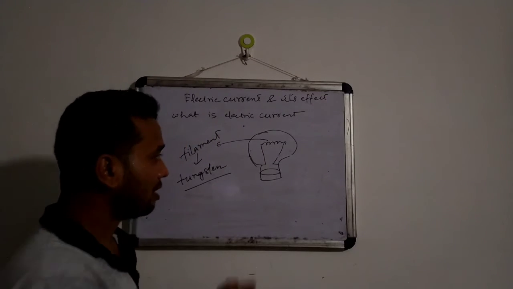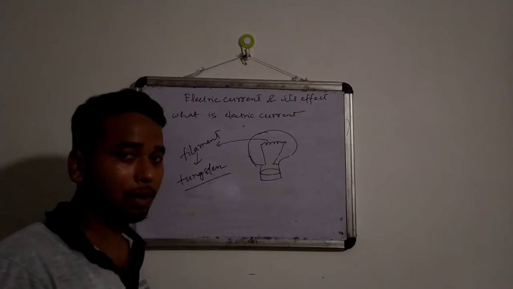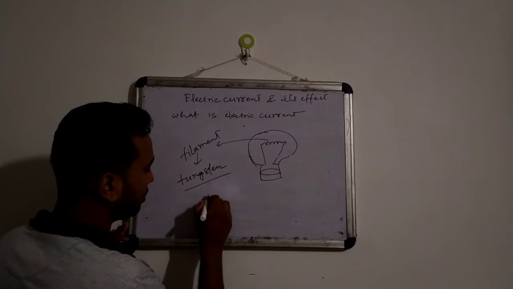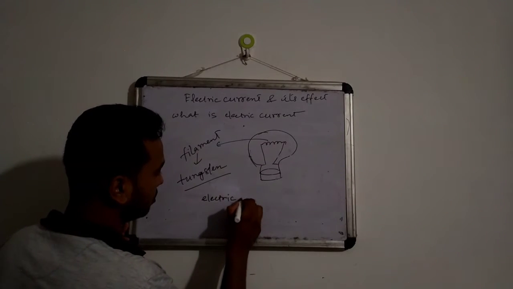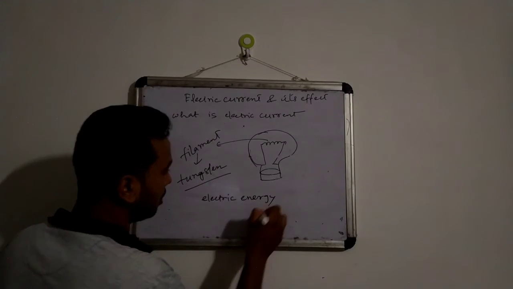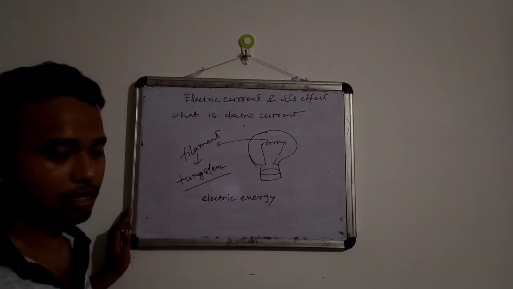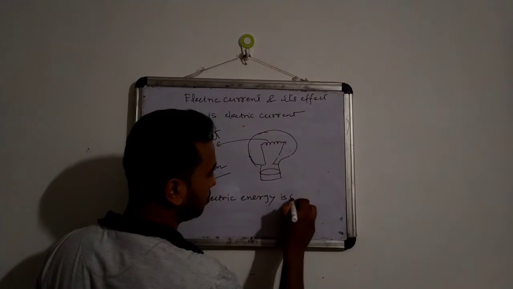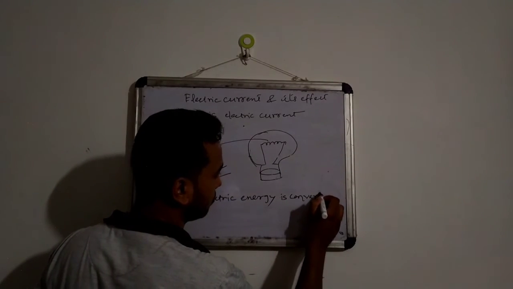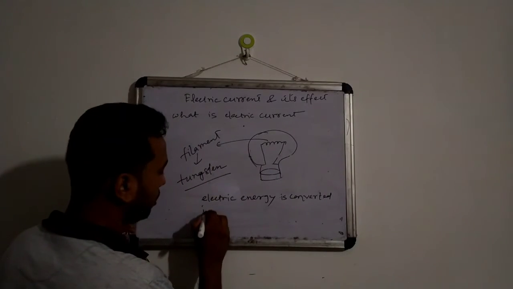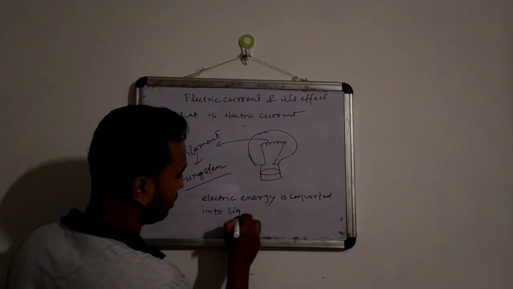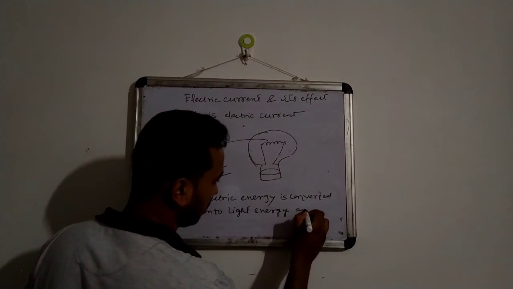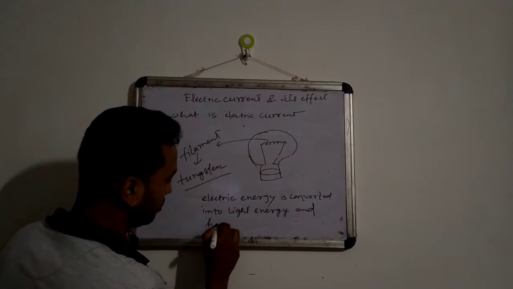That means when the current flows through this filament, the electric current contains electric energy, and this electric energy is converted into light energy and heat energy.